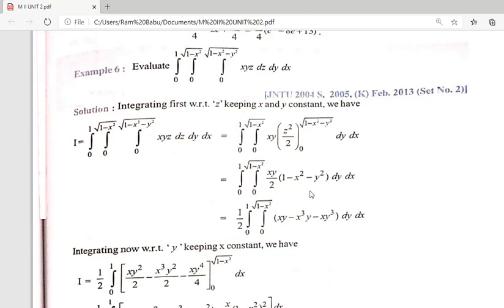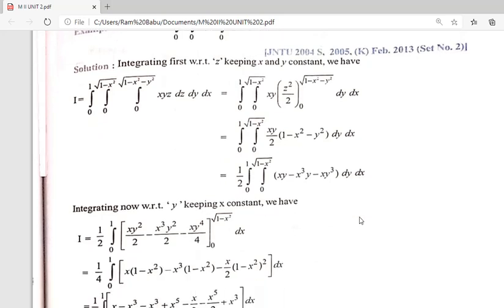Therefore, 1 by 2 is constant, integral with limit 0 to 1, integral with limit 0 to root of 1 minus x square. Here multiply xy into 1, xy, minus xy into x square, x cube y, minus xy into y square, xy cube, dy dx.